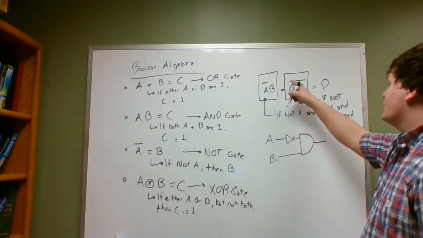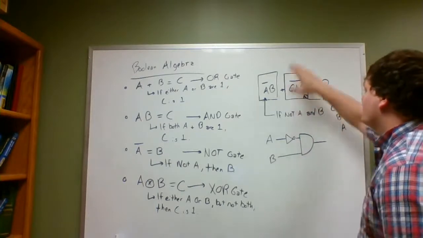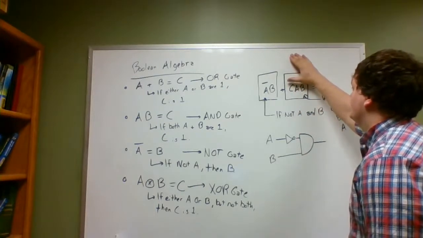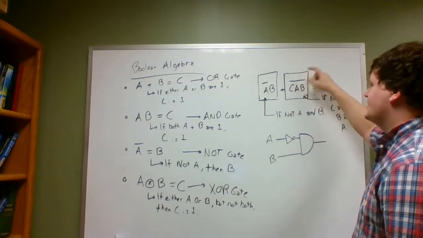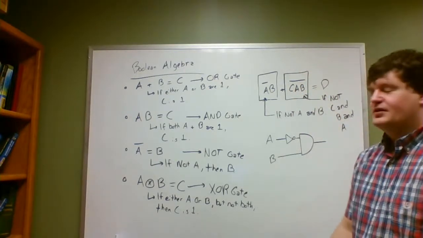Because it has a not on top of it, if we were to take off the not, we just have an AND gate. So this is a NAND gate. It is a not AND.